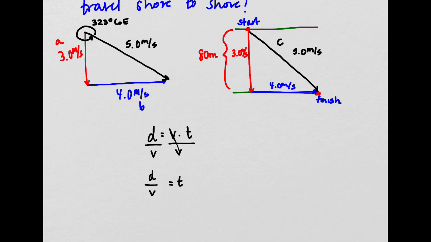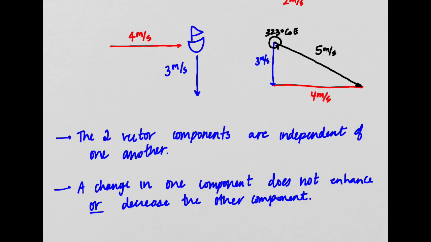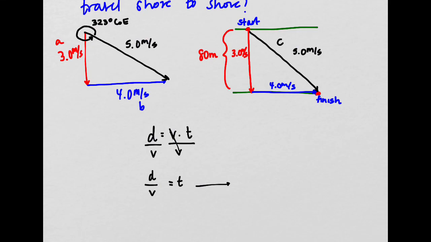Okay, so we're going to use this idea that we were just talking about back here, right? A change in one component does not enhance or decrease a change in the other component. So we're traveling 80 meters straight across, and we are going to have a velocity of 3.0 meters per second.